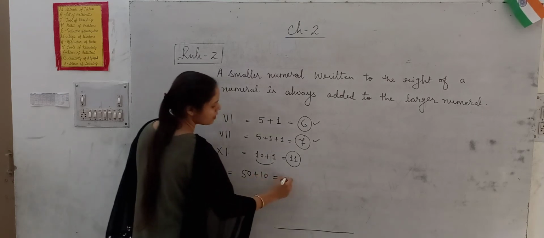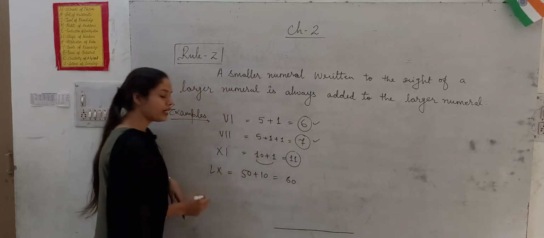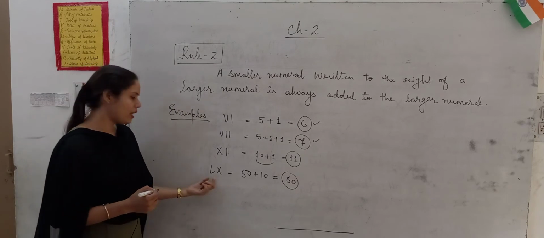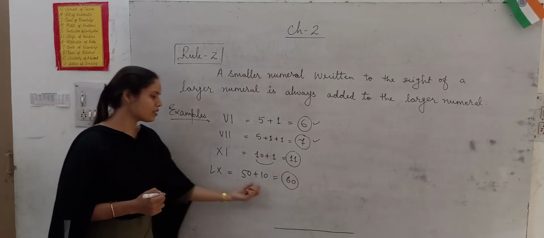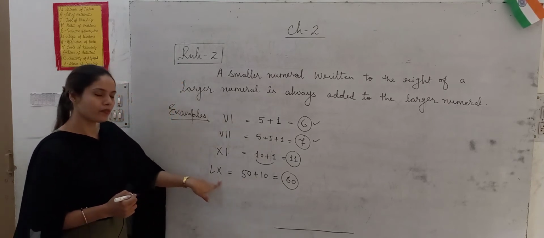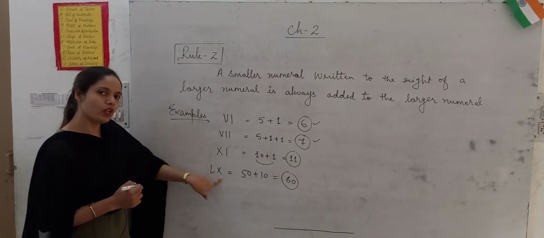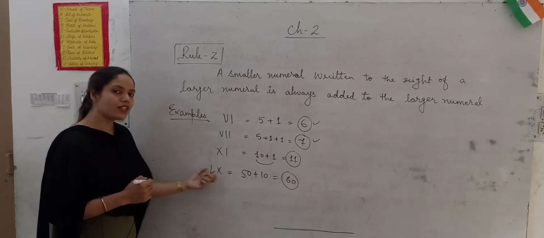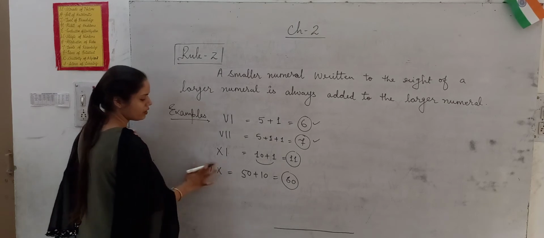So 50 plus 10 makes 60. How will you write 60 in Roman numerals? L and X: L for 50, X for 10. L is the large numeral and X is the smaller numeral, written next to the large numeral, so we add the smaller numeral to the large numeral.